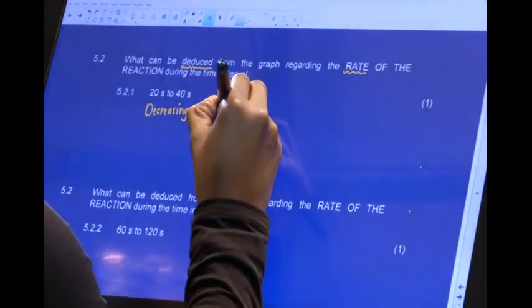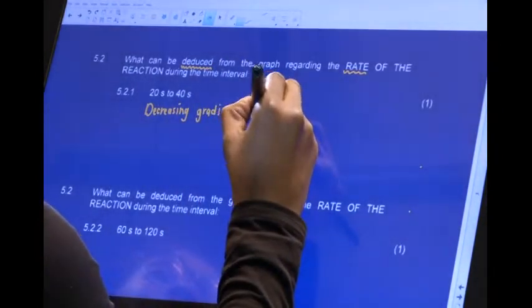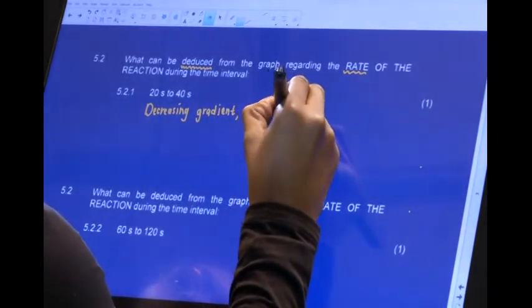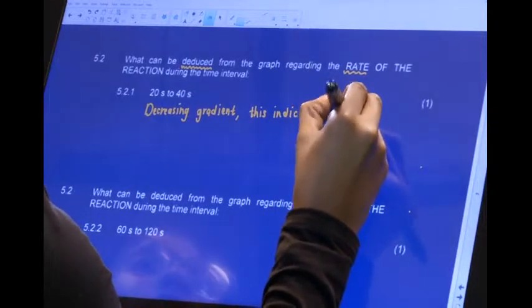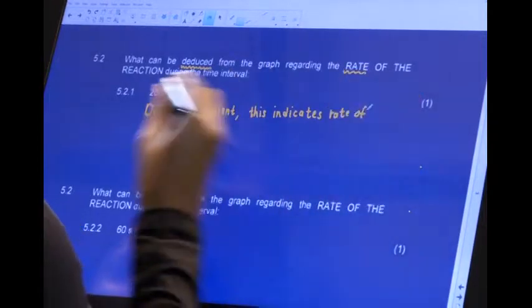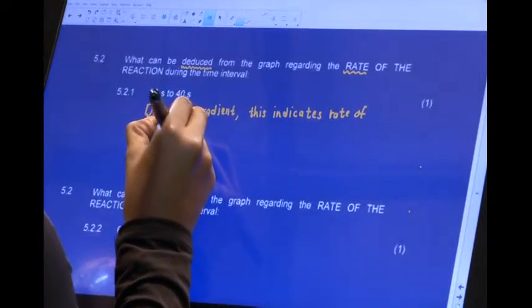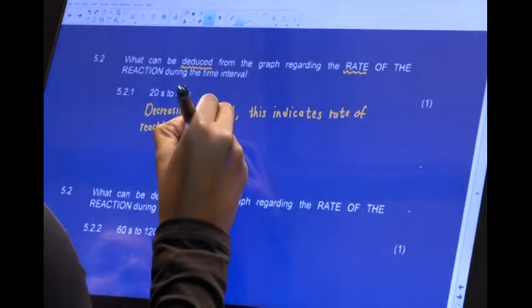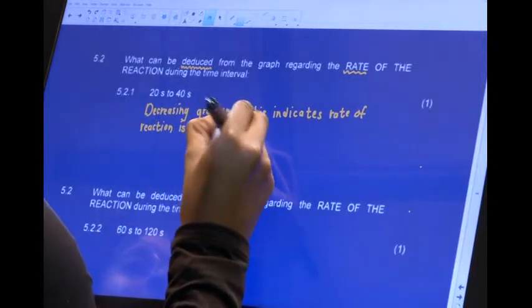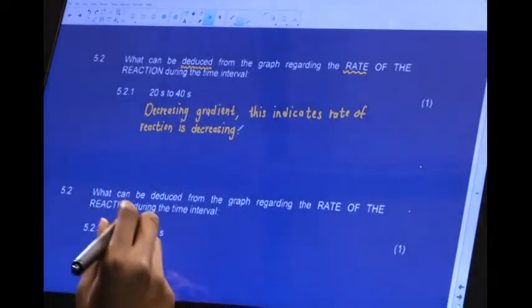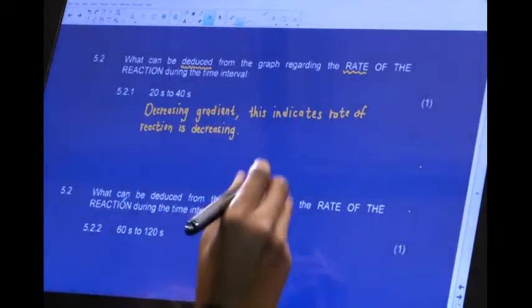A decreasing gradient indicates that the rate of the reaction is decreasing.